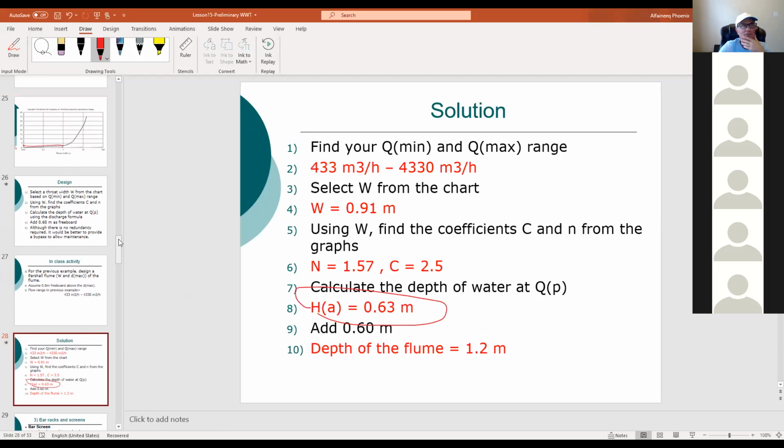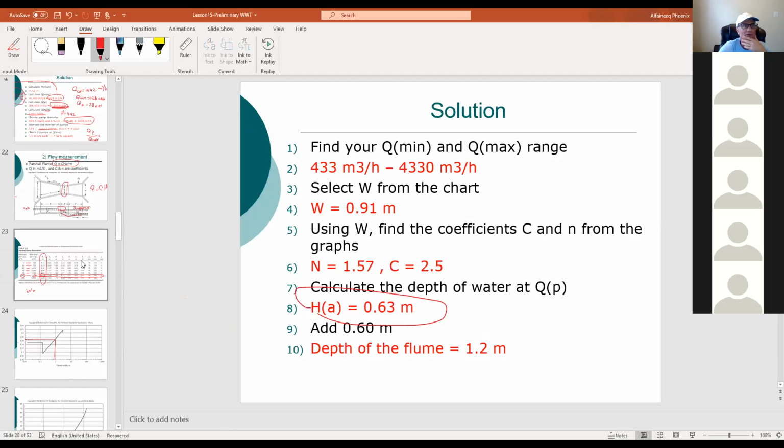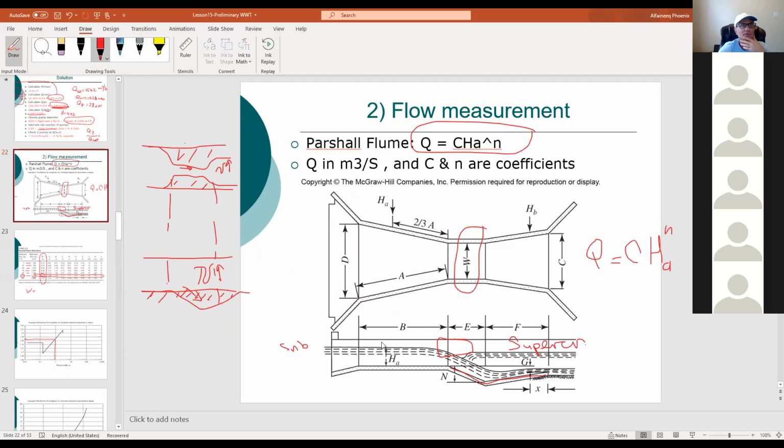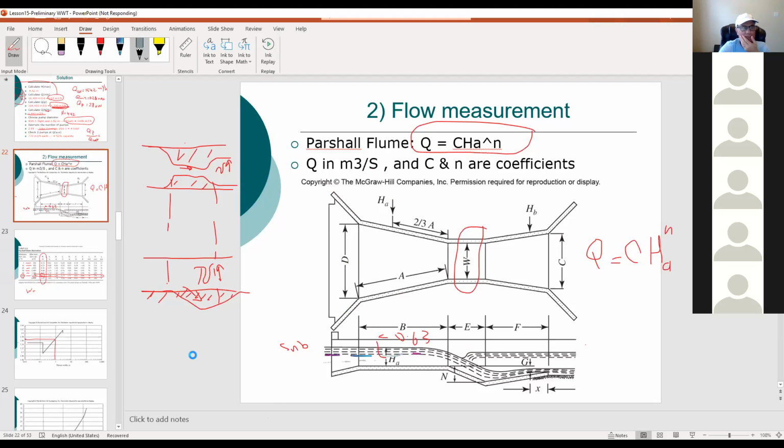In other words, inside this flume here, you're going to know this one here. This equals 0.63 at peak. Then it's going to equal another number at average and another number at minimum. Three numbers. Okay.